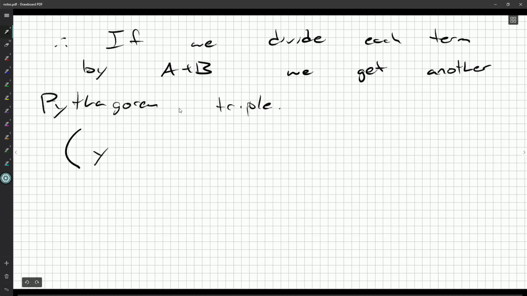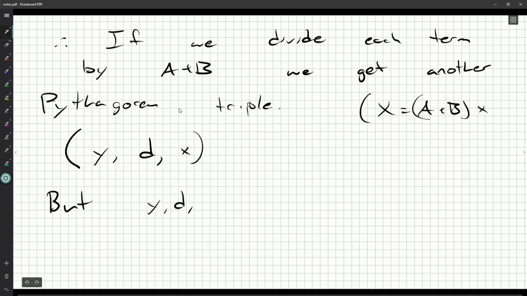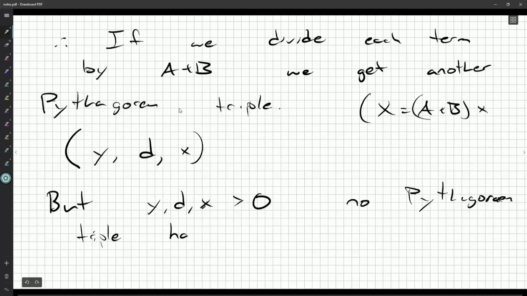So we get, what do we say, y, d, and then I'm going to call it little x. But y and d and little x are all greater than 0, and, I'm just going to use some common knowledge, no Pythagorean triple has values less than 3.